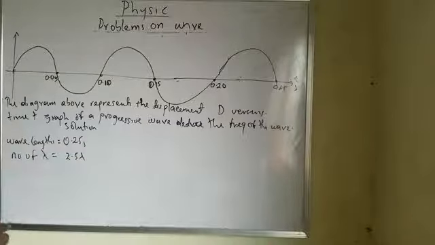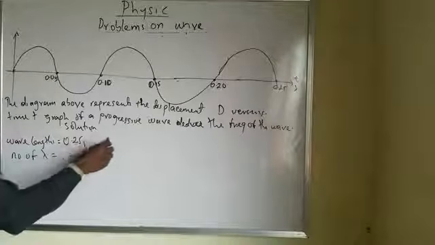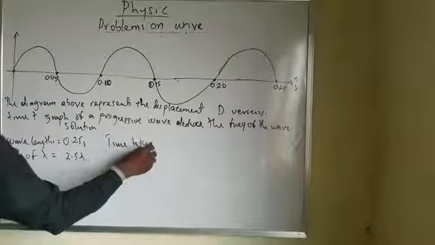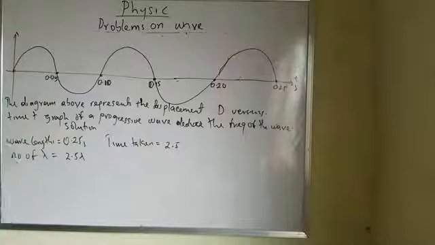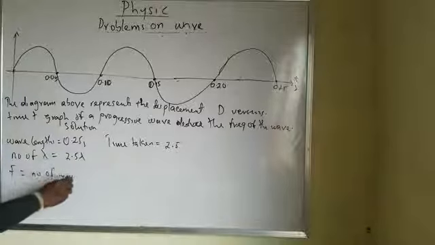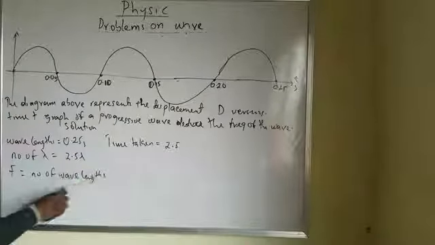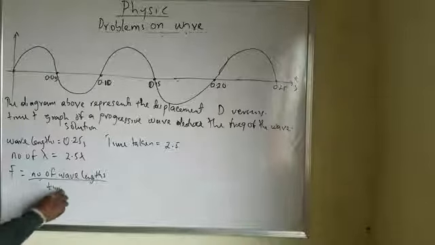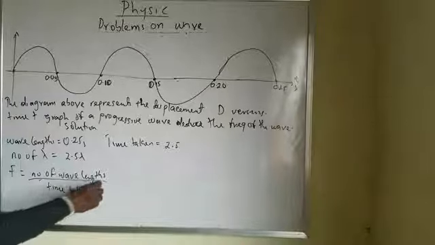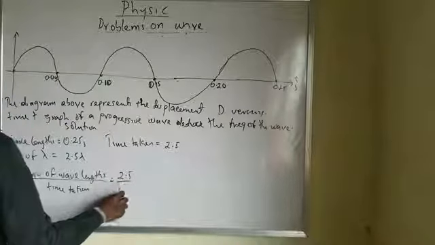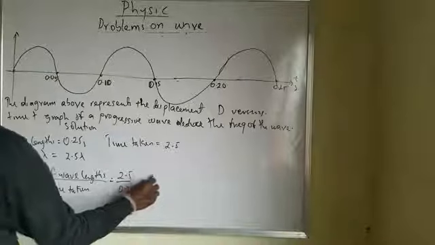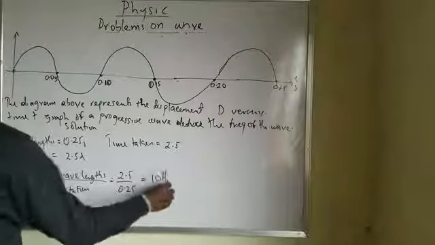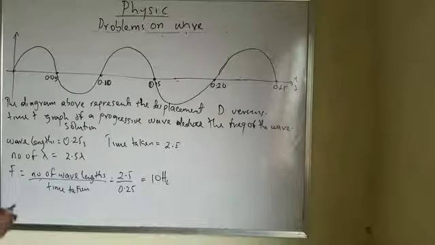The time taken. The time taken will also be 2.5. Now I can say my frequency equals number of wavelengths divided by time taken, which is 2.5 divided by 0.25, which is 10 Hz. That is all you need to know.